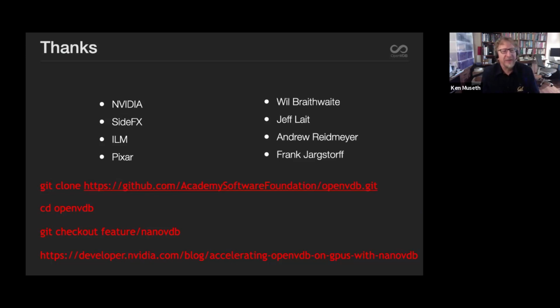It exists in what's called a feature branch in the OpenVDB repository. So just check out the repo and check out the feature itself. It's called feature/NanoVDB. We also have a live blog hosted at NVIDIA that discusses NanoVDB a little bit further and shows some performance tests and some of the examples.